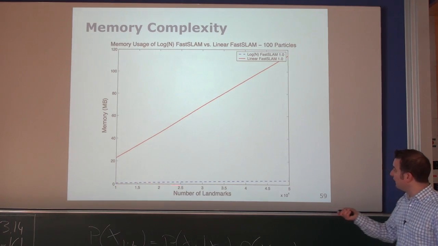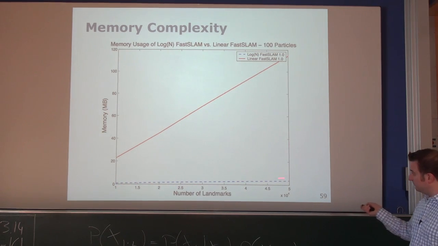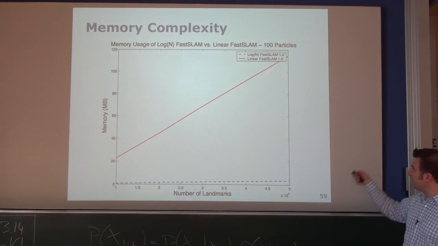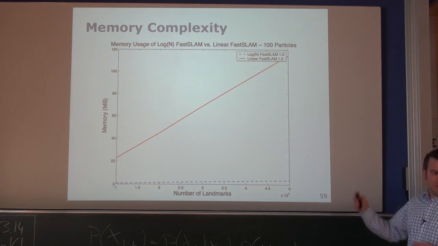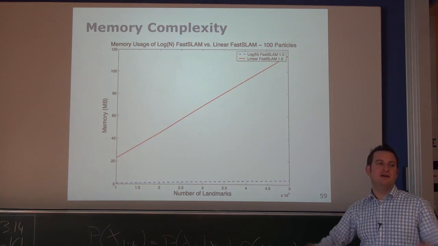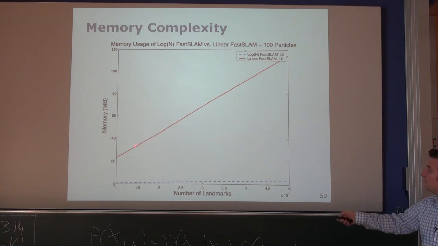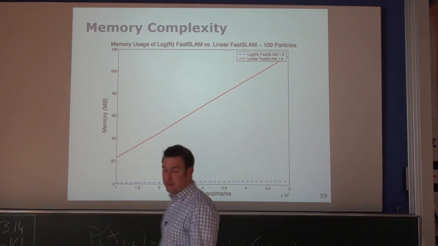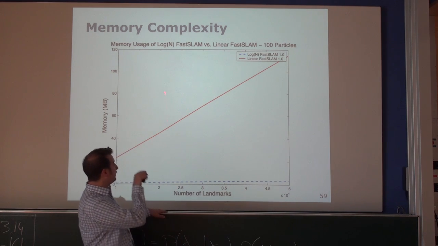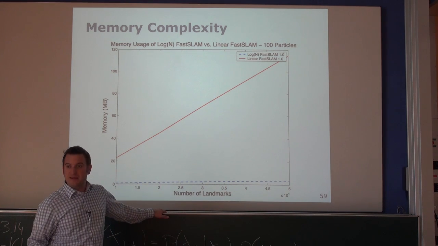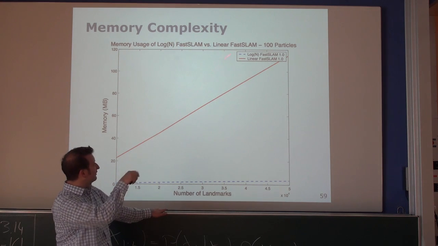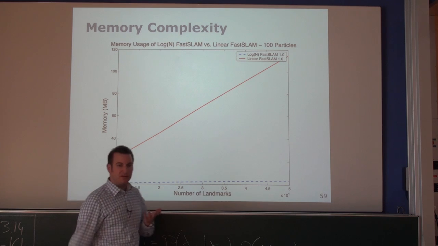You can nicely see the log n complexity along these lines, while the linear FastSLAM, which copies the landmarks for every particle, has a complexity which grows linearly with the number of samples. How steep this increase is depends only on the number of particles, because the number of particles is constant. If you have more particles, you would have a steeper increase, but it will still be linear.